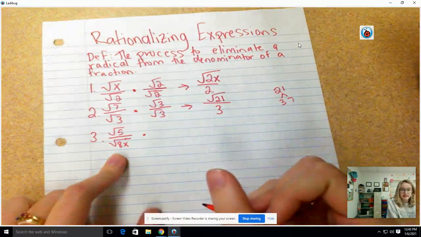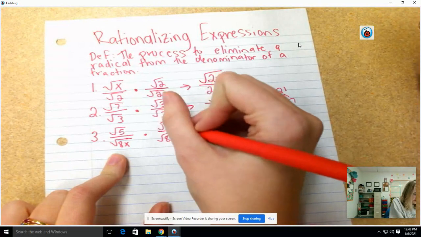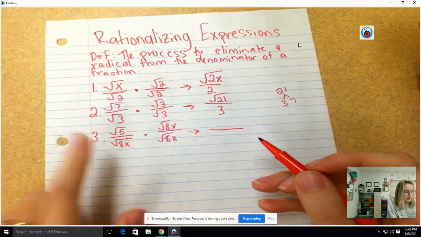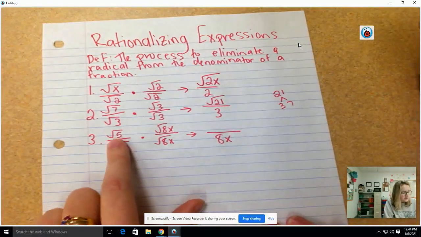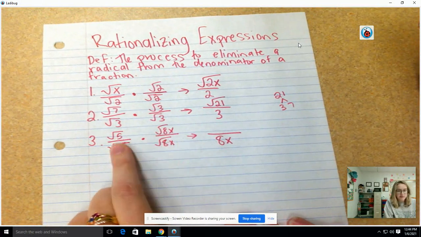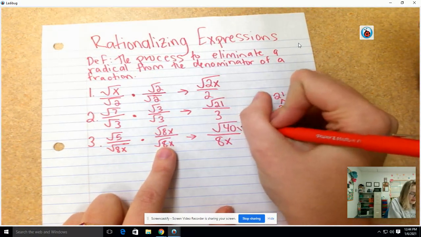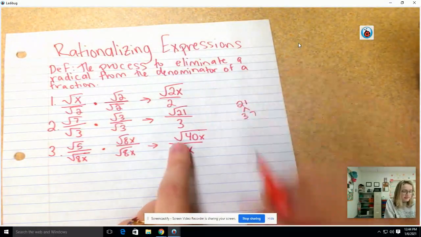So 8x is in my denominator, so that's what I'm going to multiply by, radical 8x over radical 8x. So radical 8x times radical 8x is going to leave me with 8x. Then we can multiply our radicals up top. 5 times 8x is going to give me radical 40x. But then I have to see if I can simplify this down.